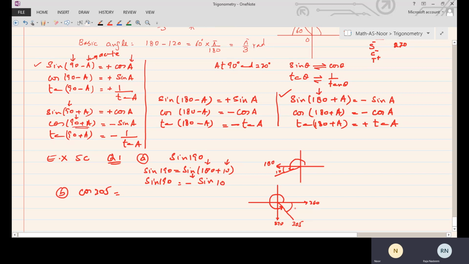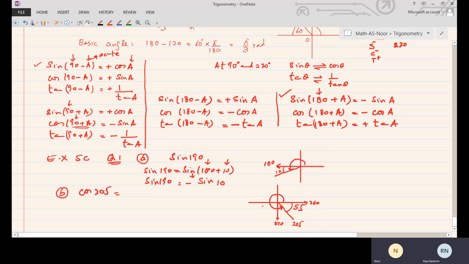So this angle would be, if that is 300, it would be 55. 55 is an acute angle.